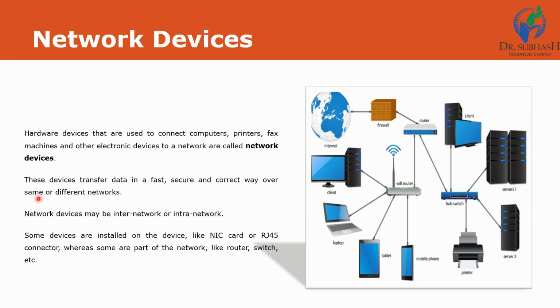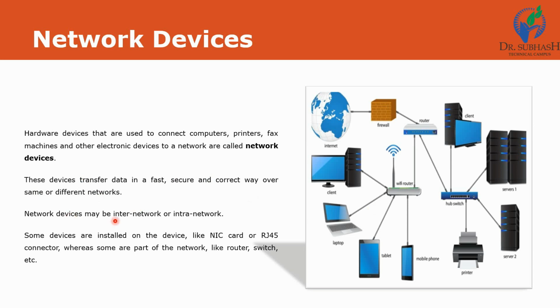Now see here, what is the task of network devices? To transmit our data fast, secure as well as in a correct way. There are so many paths available, but it must take the correct way within the same network, that means a single network, or to another network.